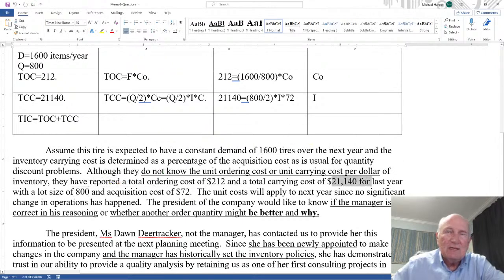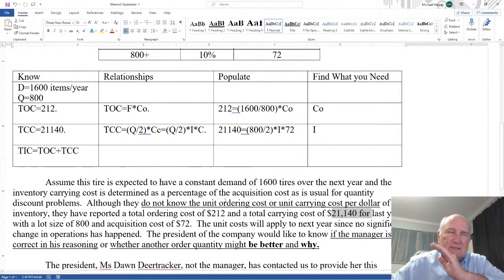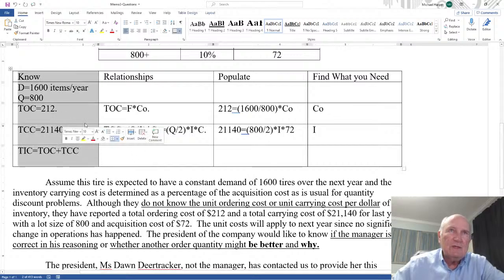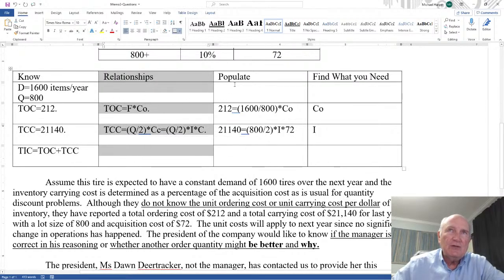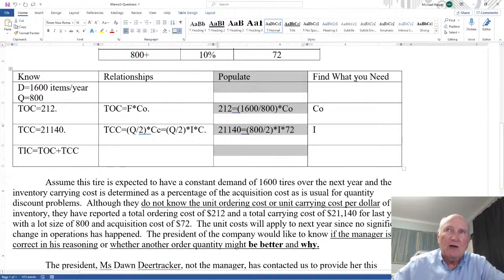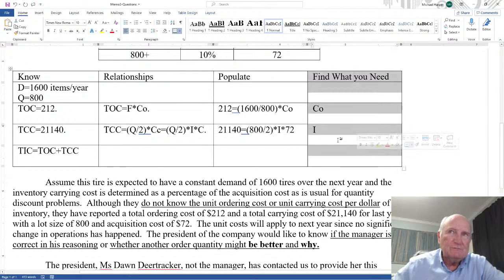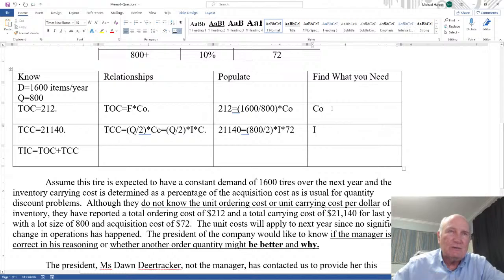Trying to do these numbers without really a structure, you will highly come up with the wrong numbers. So you have a nice step-by-step structured approach. Here's what you know. Here's the relationships you have. You populate it and solve for what you don't know or what you need to know. And so I can do that. But let's do it in Excel.